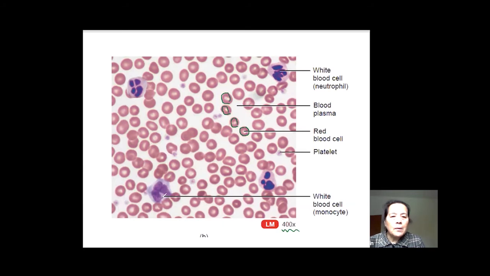And we have some cells that look a little bit bigger, and they are different. That's the white blood cell. Then you can see some smaller ones. That's the platelet.